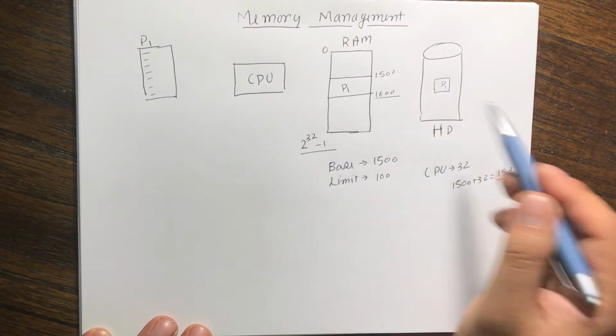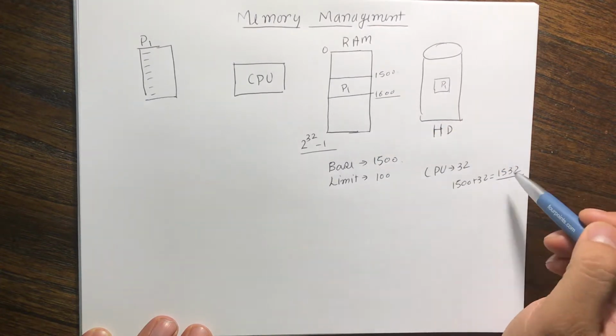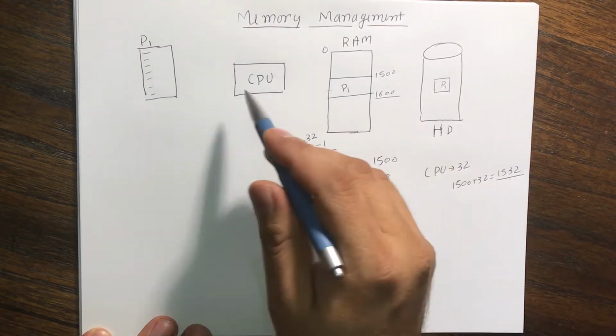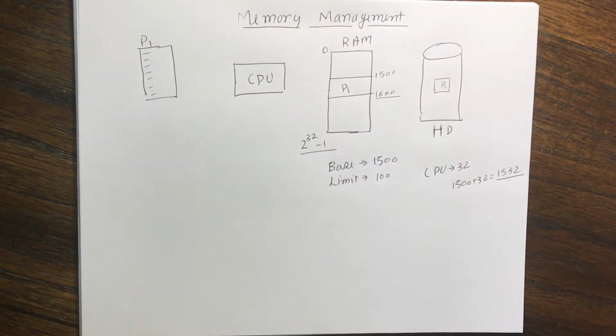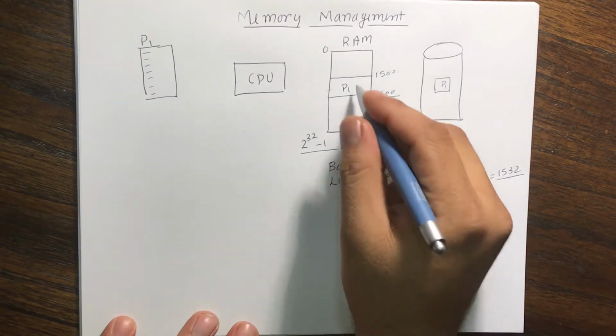If it is, it fetches the instruction at 1532 and gives it back to the CPU. If not, the program is trying to execute something it should not be executing, so it will not give you the address. That makes sure our program executes the right instructions.